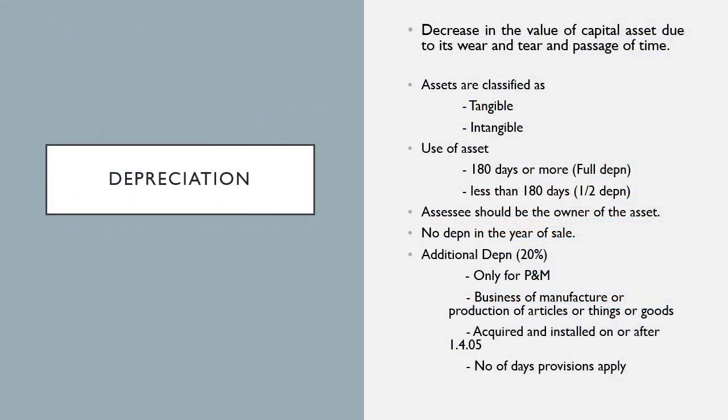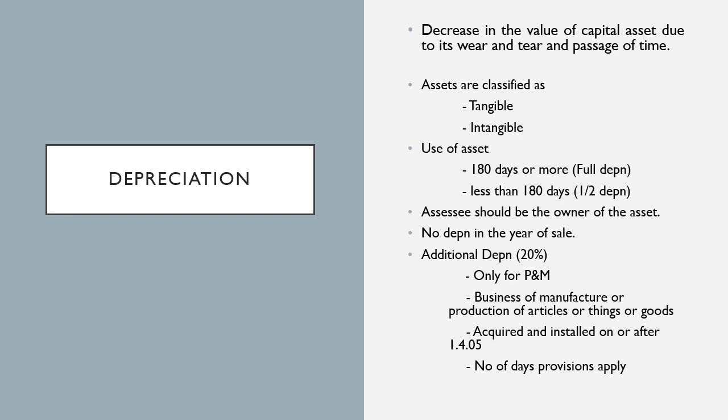This slide gives a glance of the concept of depreciation and the different aspects to be considered with regard to its tax treatment. As we all know, depreciation is the reduction in the value of capital assets because of their wear and tear with the passage of time.